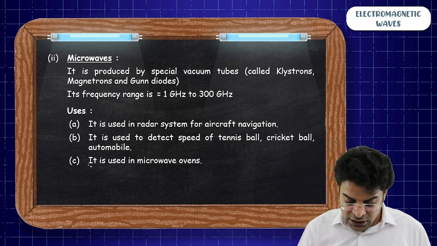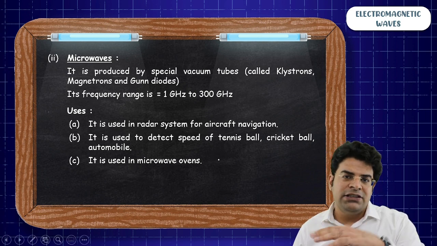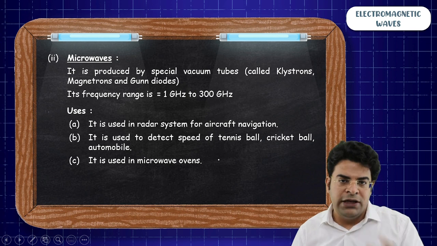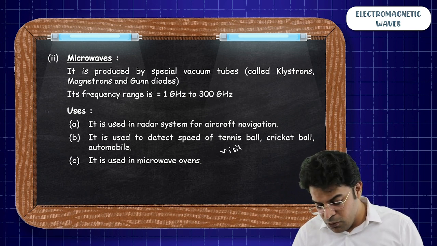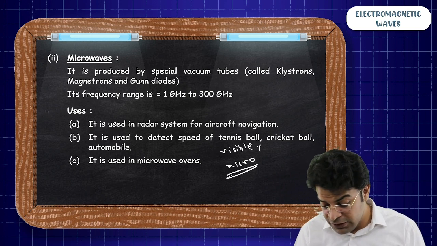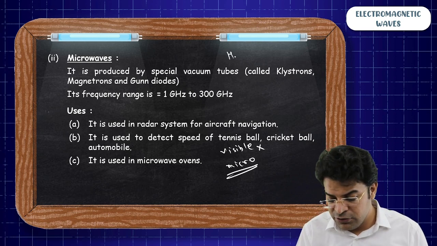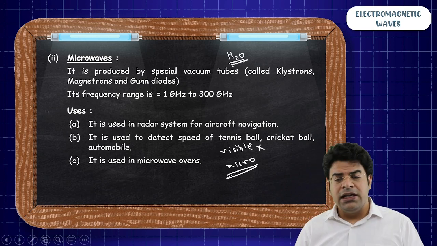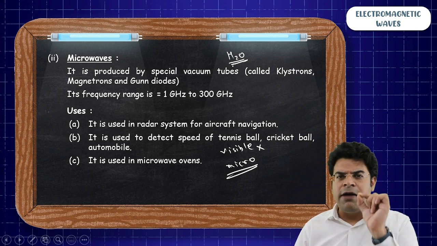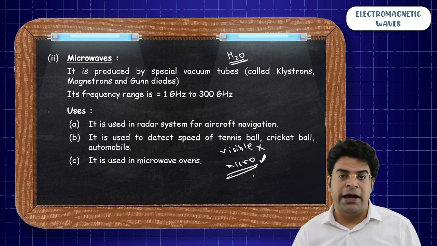Next point, it is used in microwave ovens. As a child, it was always my doubt that since visible light has more energy than microwaves, how come microwaves can be used to cook food while visible light can't? Because all our food contains H2O, and the natural frequency of vibration of water matches that of microwaves.